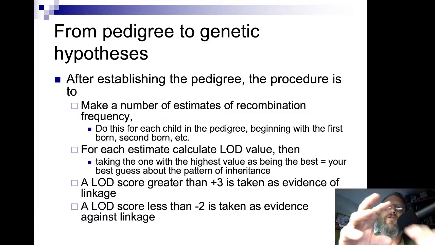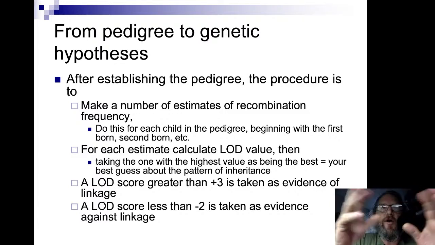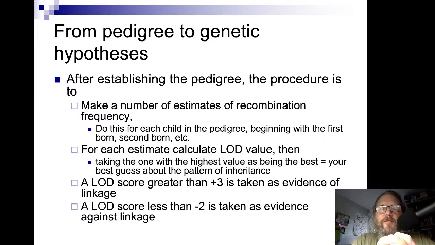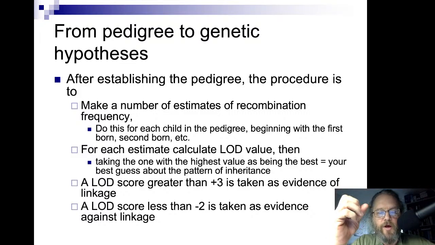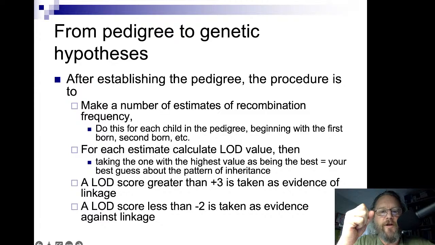It's basically like saying that you can think about the association between the condition, and not having the condition, with the marker. And so a LOD score that's greater than 3 when you do the calculation is evidence that the disease or the condition is linked to that SNP. A score less than -2 is taken as evidence against linkage.